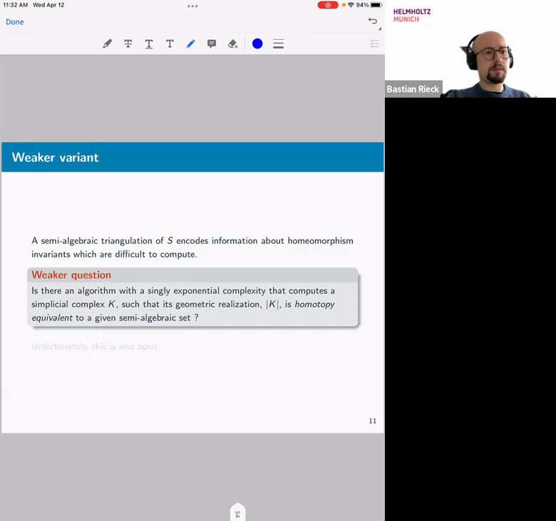Then all homotopy questions, about all homotopy invariants of your given semi-algebraic set, can be asked of this finite simplicial complex. That would already be good enough, for example, for computing the Betti numbers in singly exponential complexity, which is also not known. Unfortunately, this is also open and we do not know how to do it: computing a simplicial complex which is semi-algebraically homotopy equivalent to the given semi-algebraic set.